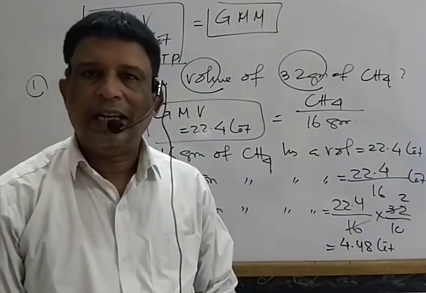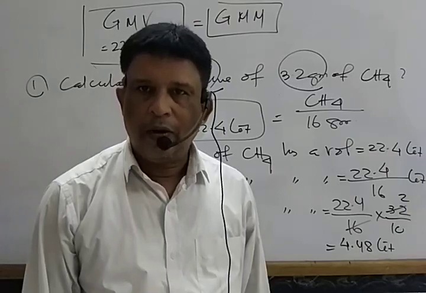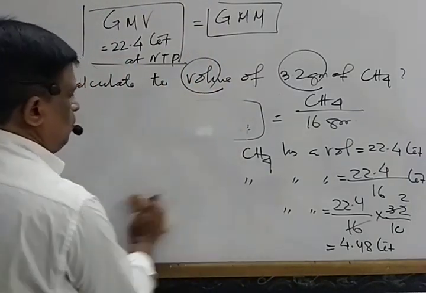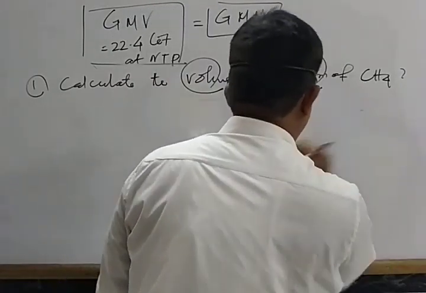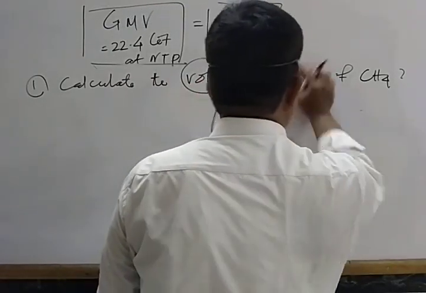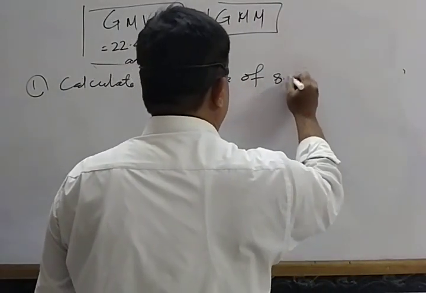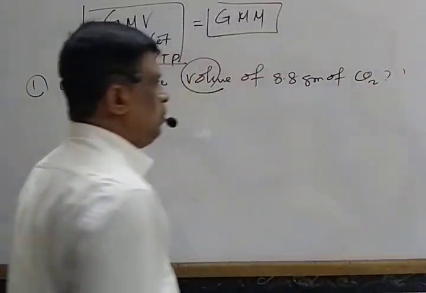Next, select another example. Now select carbon dioxide. What is the question? Calculate the volume of 8.8 gram of CO2 molecule.